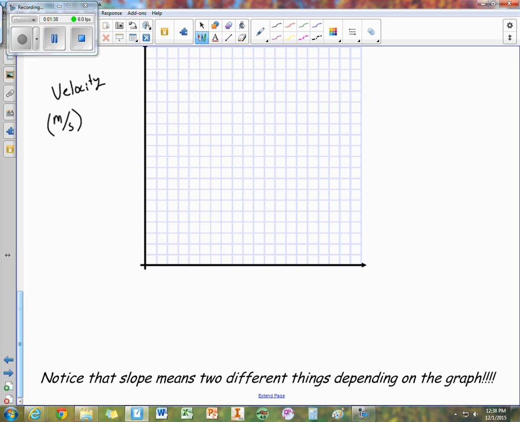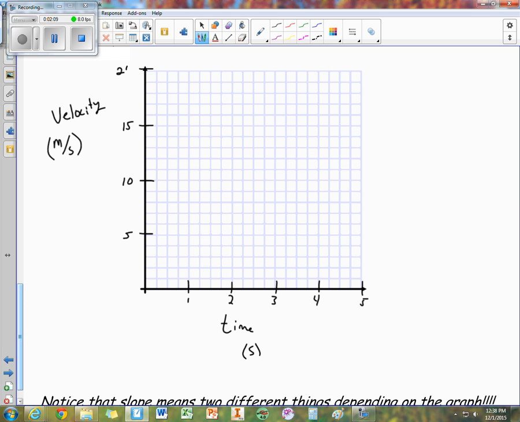Then down here we have time measured in seconds. Okay, so let's go ahead and plot this data.